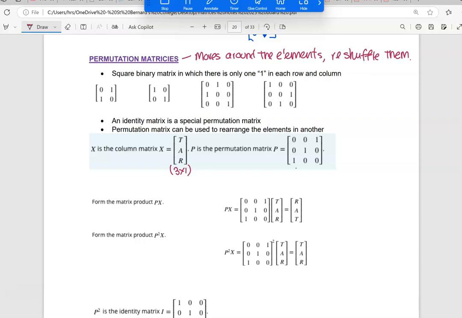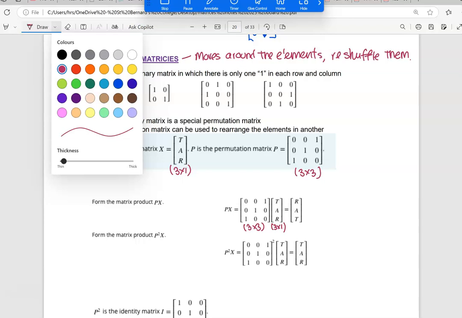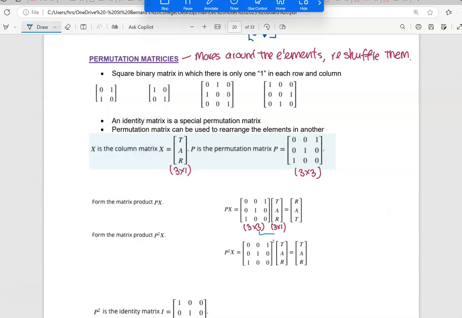Now, this permutation matrix is a 3x3. Is this multiplication defined? Can we do it? Yes, so we say that's defined. And remember, we get the order from the first one and the last one. So that makes sense.